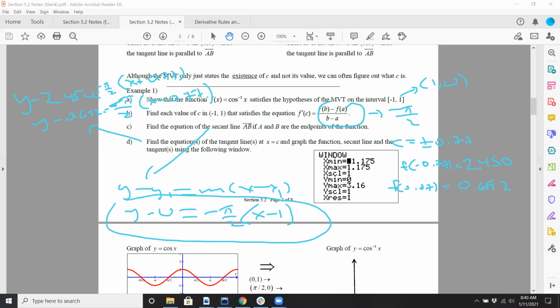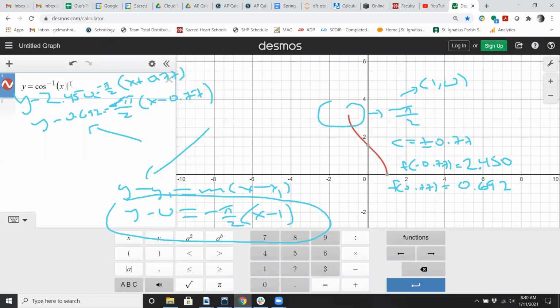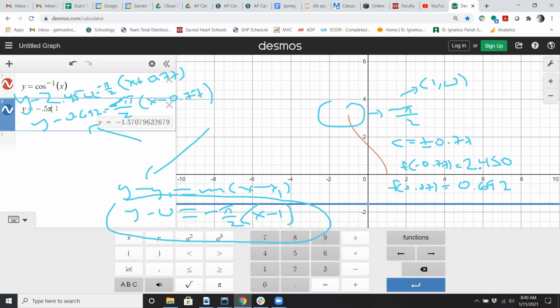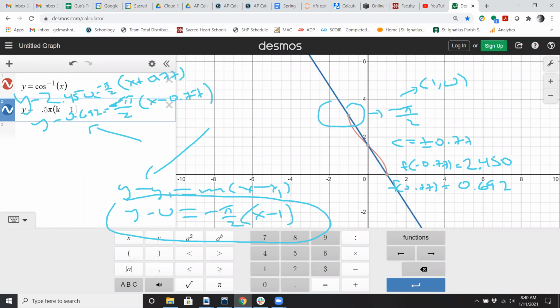Okay, so now I'm going to go ahead and graph all that in Desmos, take a look at it, and then we'll wrap up this video. So you have inverse cosine of x, which I already have here. I'll do my secant line, y equals negative 0.5 pi times x minus 1. So you see that's a secant line going through the endpoints negative 1 and 1.